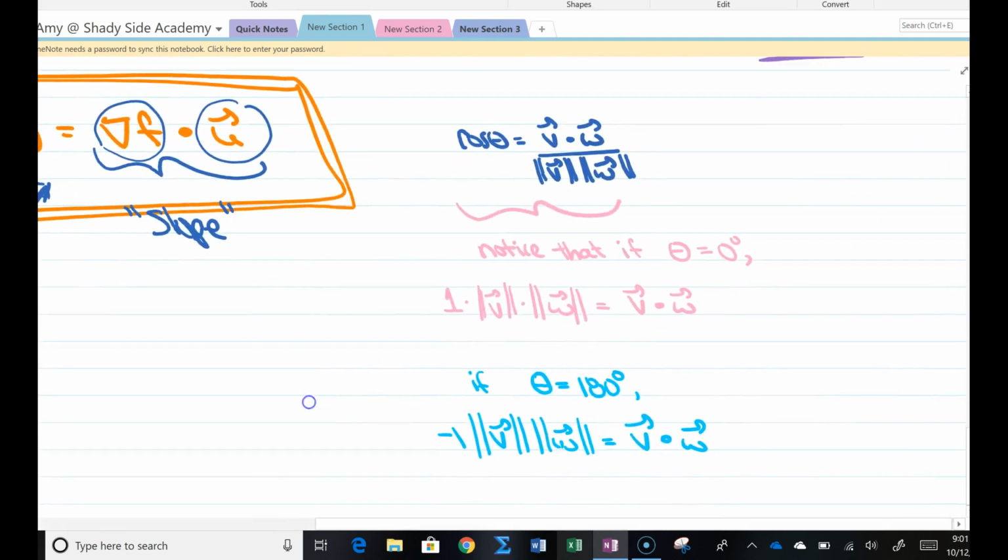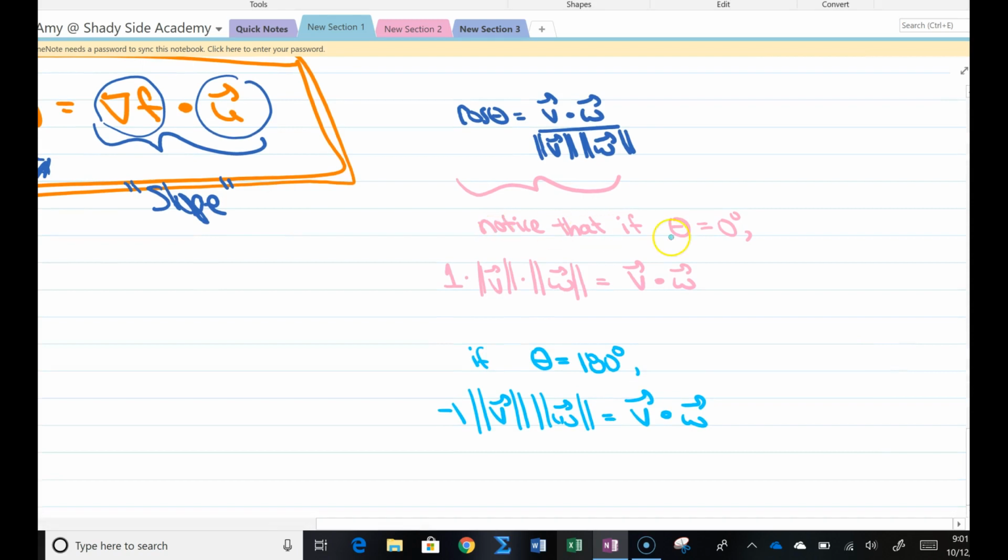Okay. So notice the following. You've all talked and argued, I hoped. If theta equals 0, v dot w equals this positive number times positive 1, because cos of 0 is equal to 1.